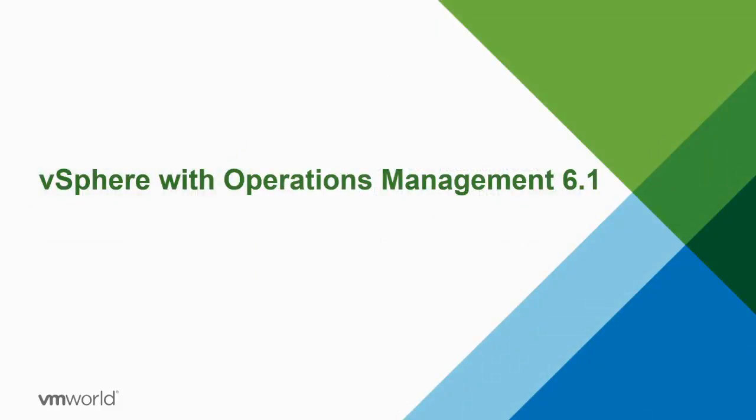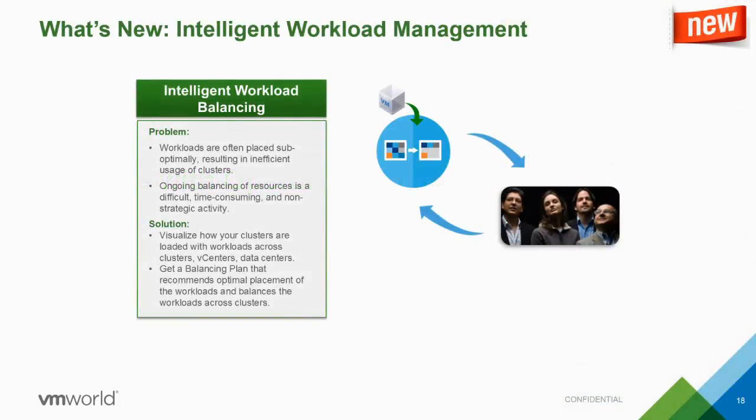All right. What I'd like to do now is give you a very quick overview of the new stuff that we came up with in the 6.1 release recently, and then we'll switch to a bit more of a deep dive. So this release, from a vSphere with operations management perspective, is all about intelligent workload management. That's a new area that we have gone into.